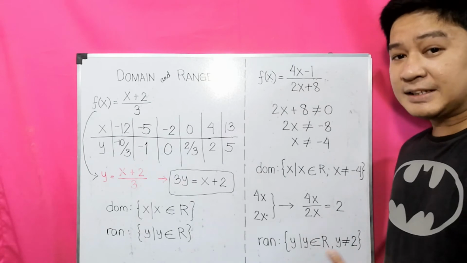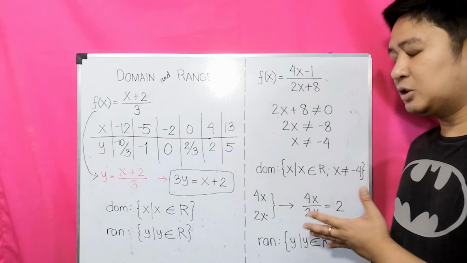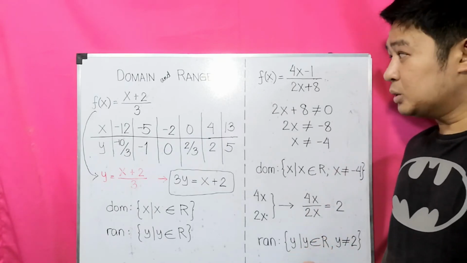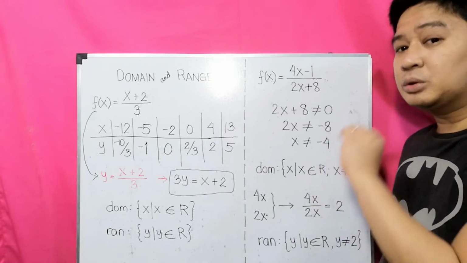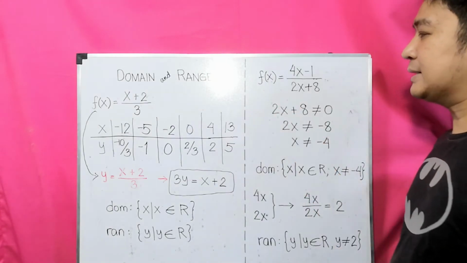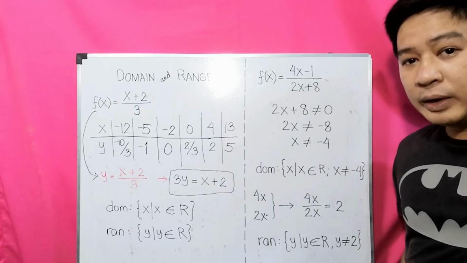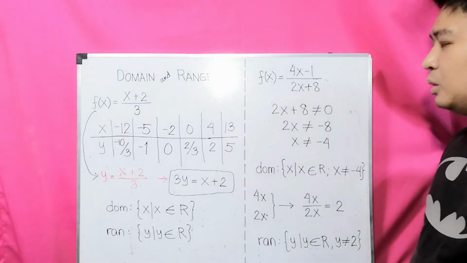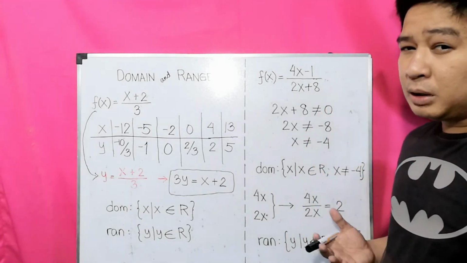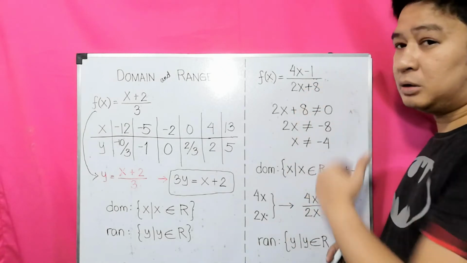Now, for our next function, we have a rational function. When we say rational function, it is a function with a fraction, and the variable appears on the numerator and on the denominator. So we have here f of x equals (4x minus 1) all over (2x plus 8). In this type of function, we have no problem with the value of x in the numerator.